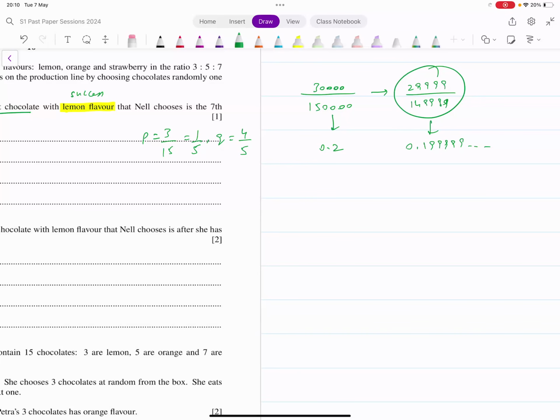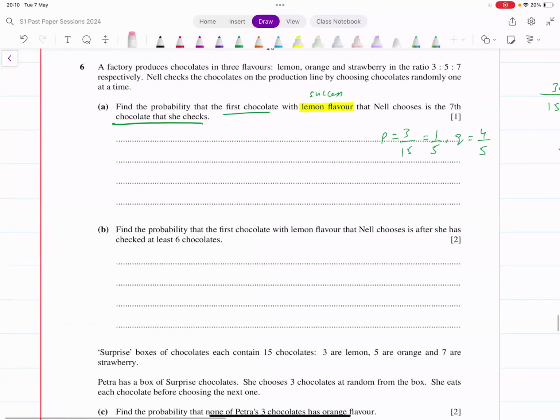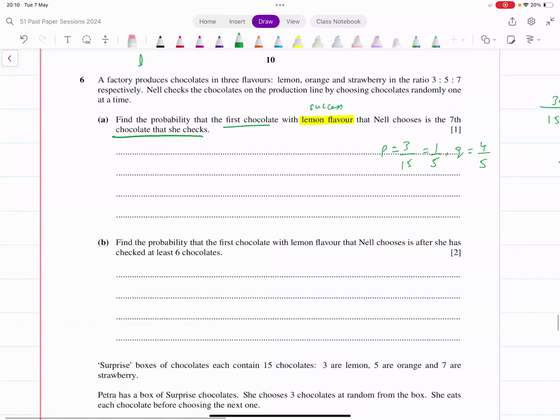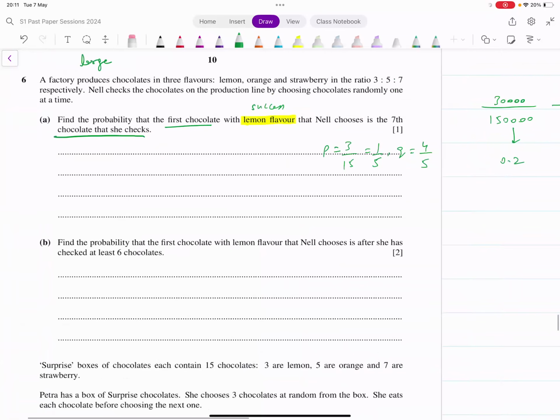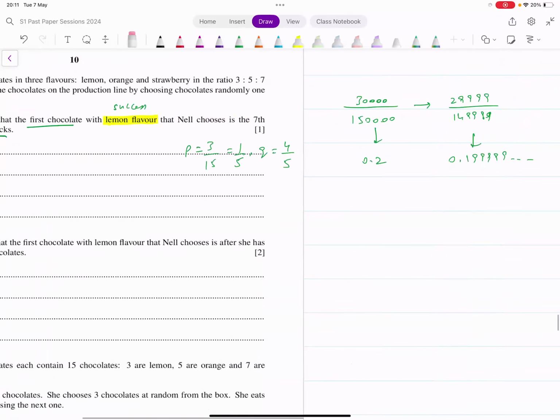Generally you do this in cases when they will tell you that the data is large. If the data is very large, it means the probabilities are going to remain fairly constant. They're not exactly constant, but they're not changing by a very significant amount. So we say since that change is negligible, we consider the probabilities to be constant.